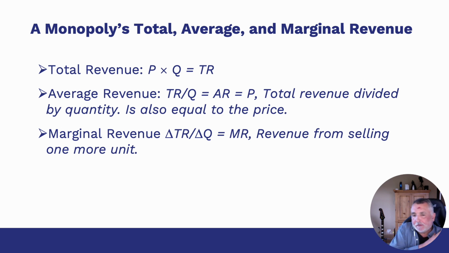So in a perfectly competitive situation, remember, it's marginal revenue equals demand equals average revenue equals price. For a monopolist, it's pretty close, except the marginal revenue is not the same as the average revenue, price, and all the other stuff. It's not the same curve, because they have a downward sloping demand curve, and I'll explain that more in just a second.